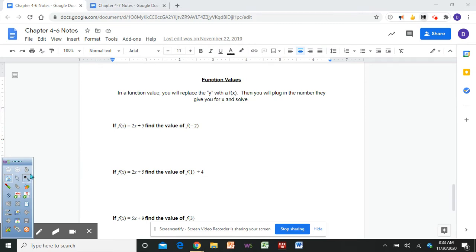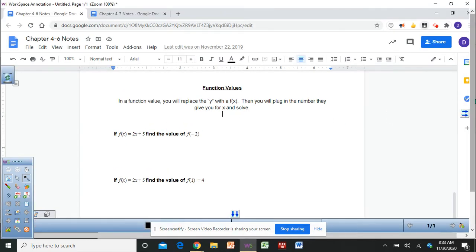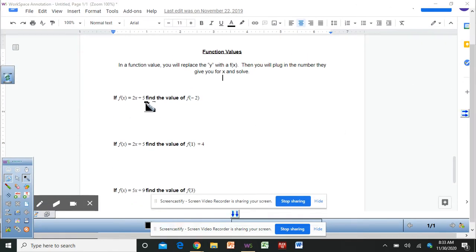Here we have this equation, 2x plus 5, and we're saying the function of x equals 2x plus 5. Find the value of f of -2, the function of -2. This is just the equation, and they're telling us to find the function.